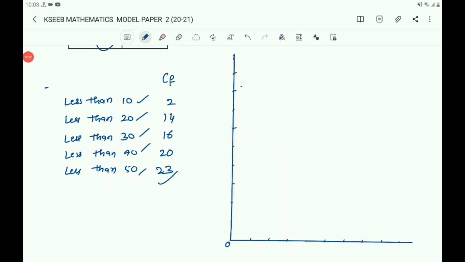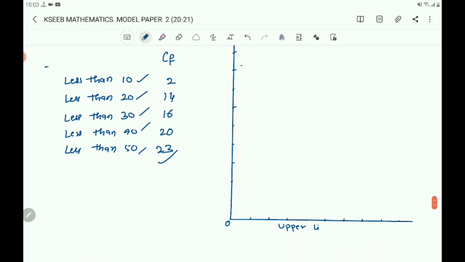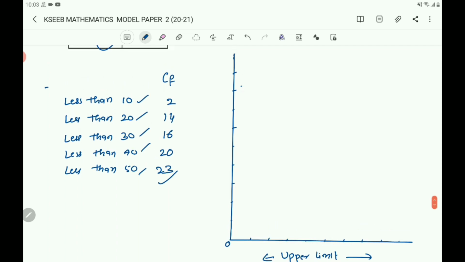Now let us come to the graph. Here we have to draw the less than type ogive. So on the x-axis we have to take the upper limit. So you take the upper limit on the x-axis. And on the y-axis you take the cumulative frequency.